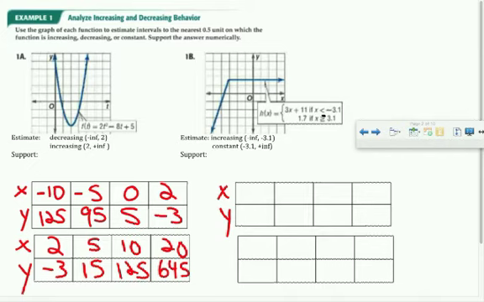So I'm going to double check that negative 10 value, because even teachers make mistakes. So 2 times negative 10 squared minus 8 times negative 10 plus 5, that's 285.